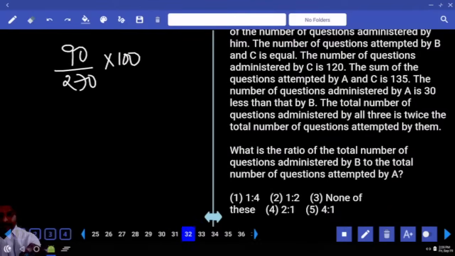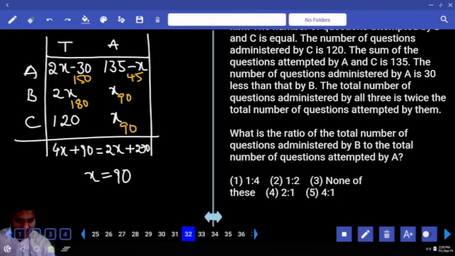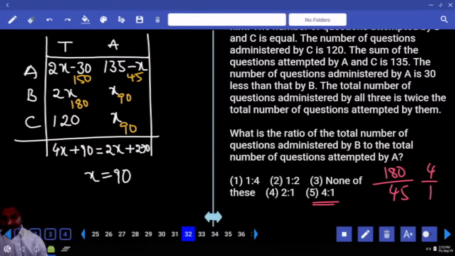What is the ratio of total number of questions administered by B, questions attempted by A? B, total number of questions are 180, questions attempted by A 45, 4 by 1, 4:1.